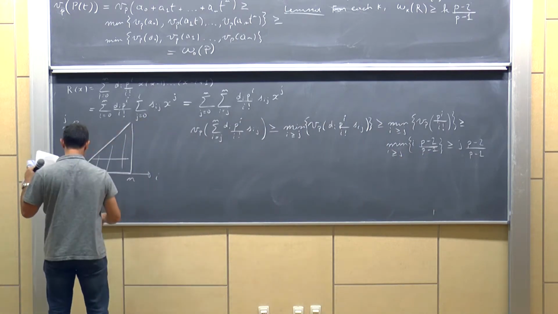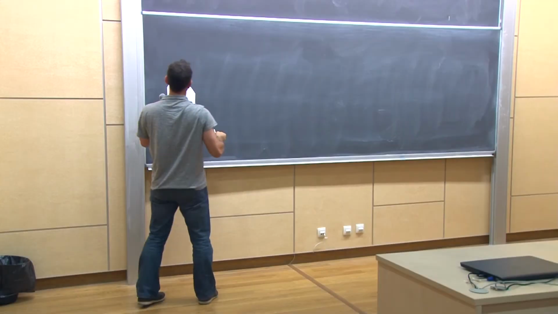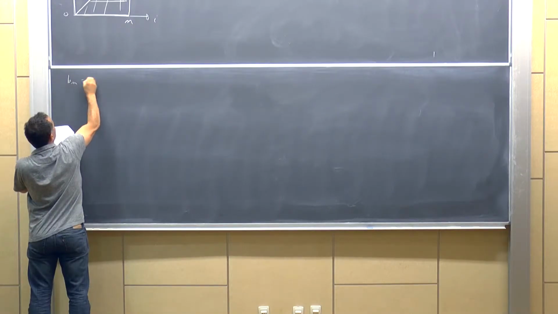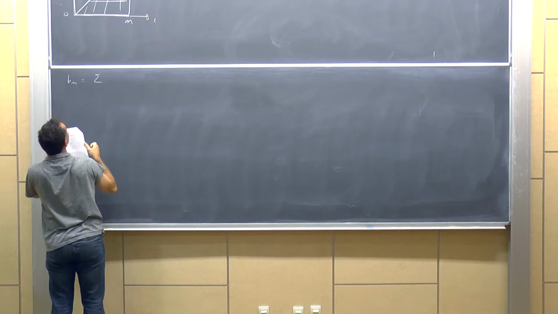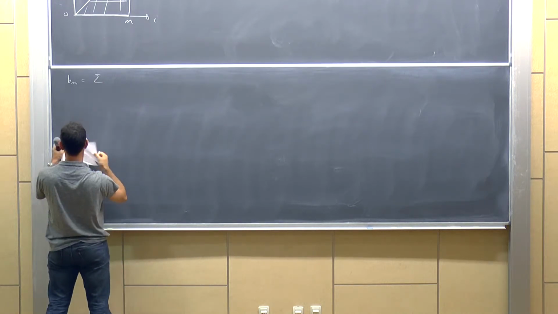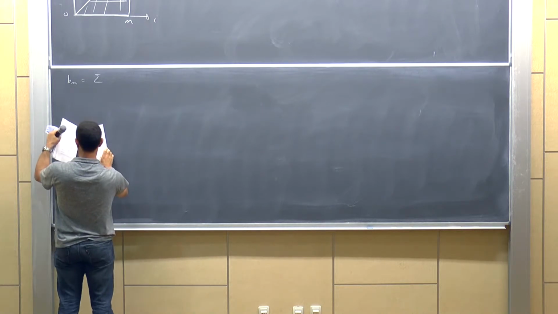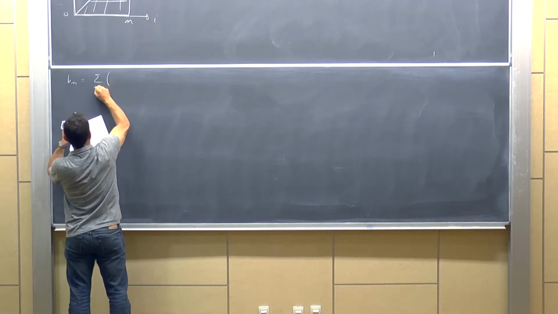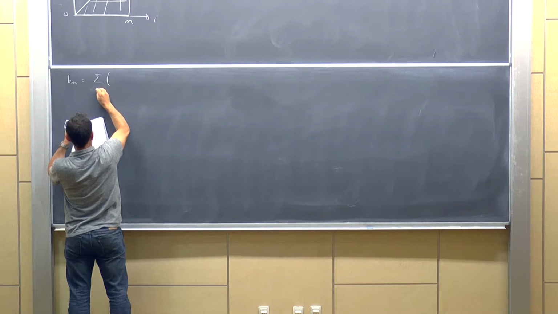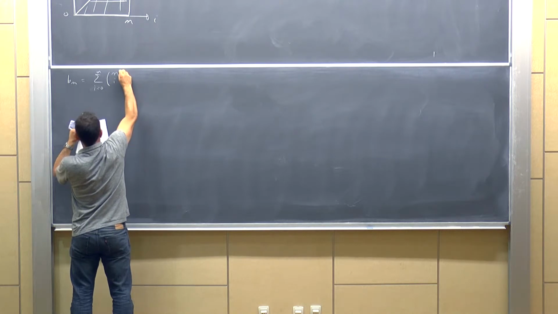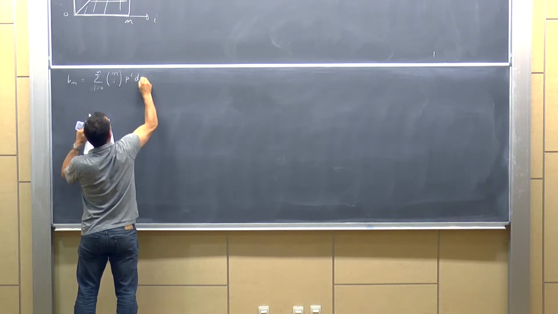Okay, so now I can prove the main lemma. The main lemma was saying that, if you remember, we had these terms B_n, which were defined as the summation for i equals 0 to n of n choose i, p to the i, d_i.